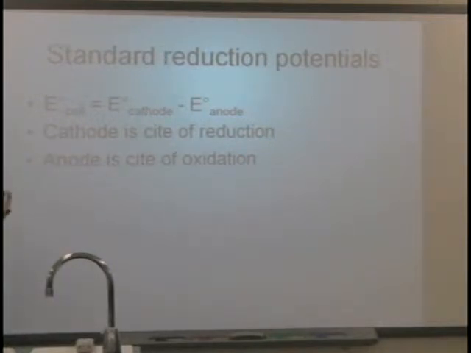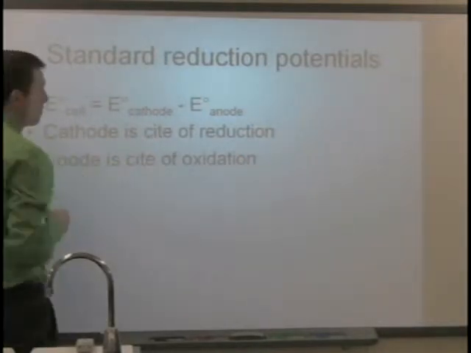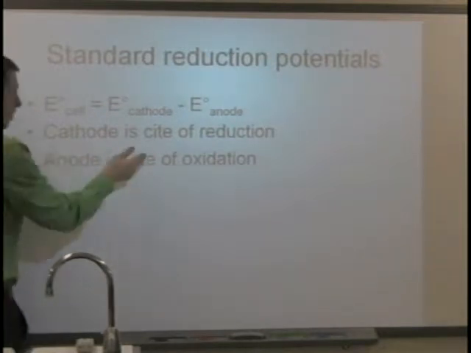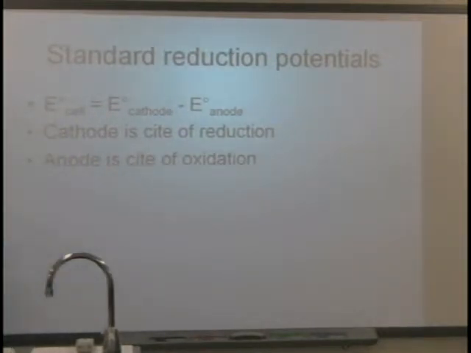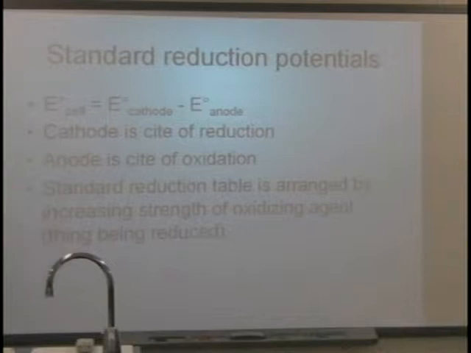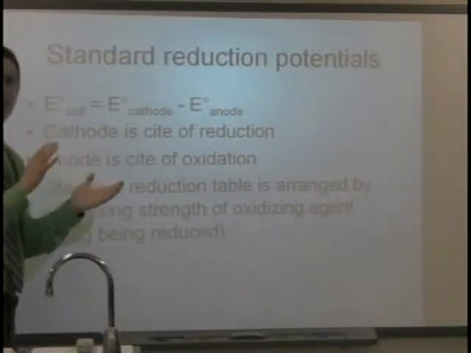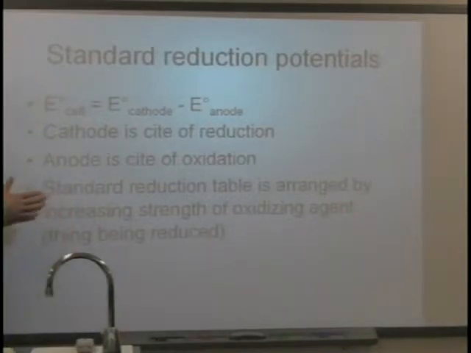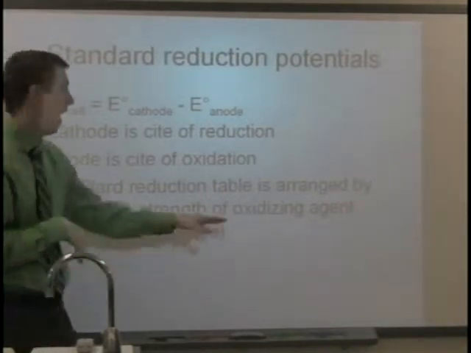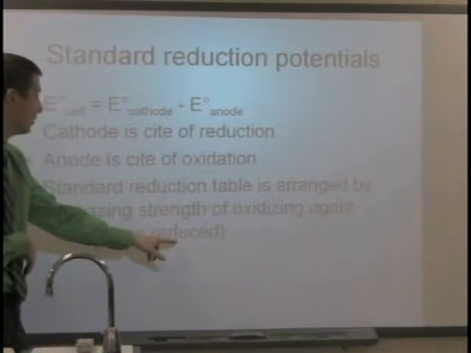Now the easy way to remember this is cathode and reduction both start with a consonant, anode and oxidation both start with a vowel. The standard reduction table is arranged by increasing strength of oxidizing agent. So this is where we have to remember our Chem 2 redox, where in oxidation reduction, the thing that is the oxidizing agent is being reduced.